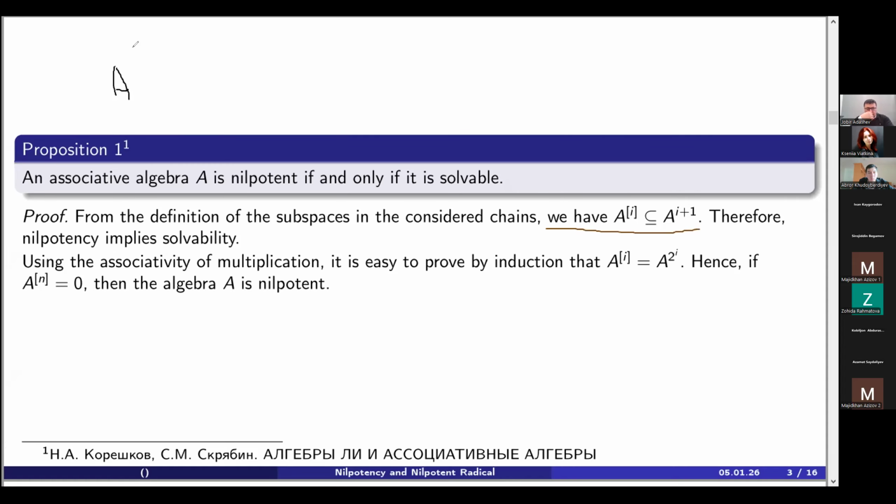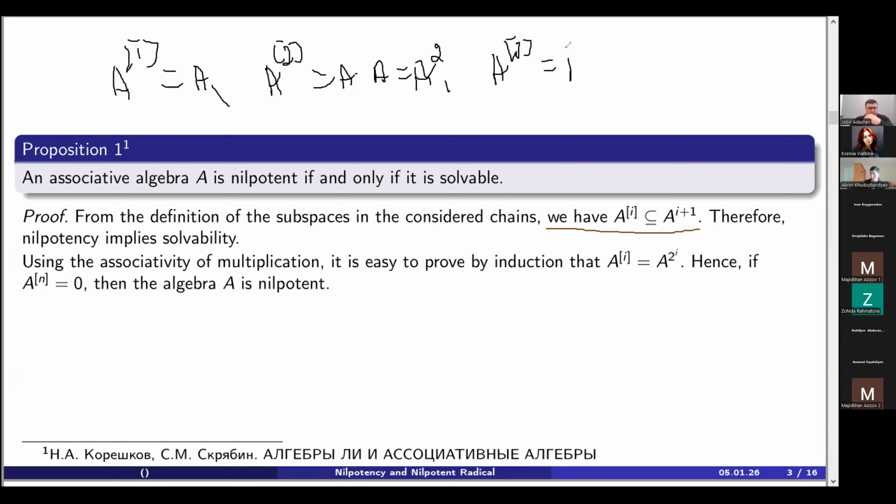A^(1) is A, A^(2) is A multiplied by A, which is A^2. A^(3) is A^(2) multiplied by A^(2), this is A^2 multiplied by A^2, a subset of A^2 multiplied by A, this is A^3.